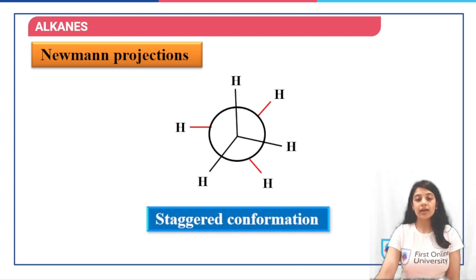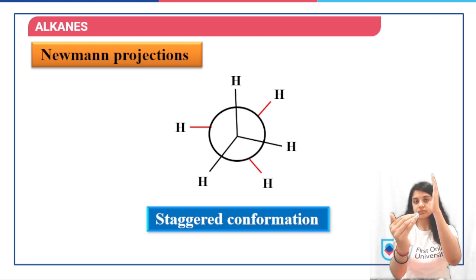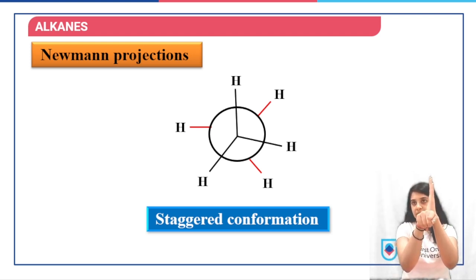This is the staggered conformation where the dihedral angle, that is the angle that this carbon, the next carbon, and the two hydrogens make with each other, is 180 degree. Not these two hydrogens. It's basically the plane of this hydrogen, this carbon, and back carbon that form one plane.